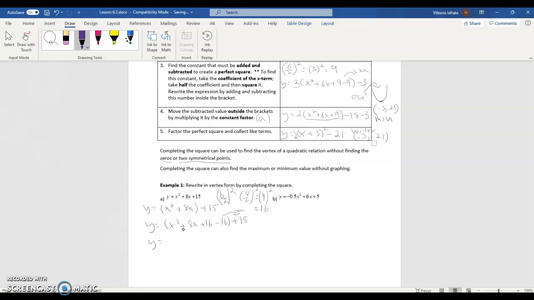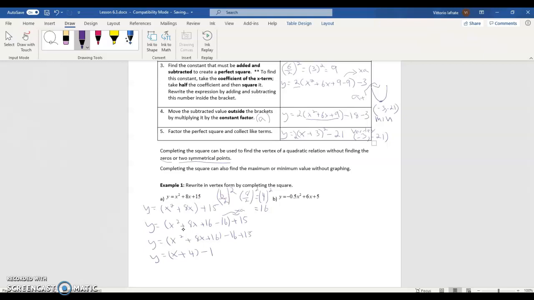So y is going to be equal to x squared plus 8x plus 16 minus 16 plus 15. And now we can go ahead and factor by factoring our perfect square here. So square root of 1x squared is just x. Square root of 16 is plus 4. And then minus 16 plus 15 is minus 1.